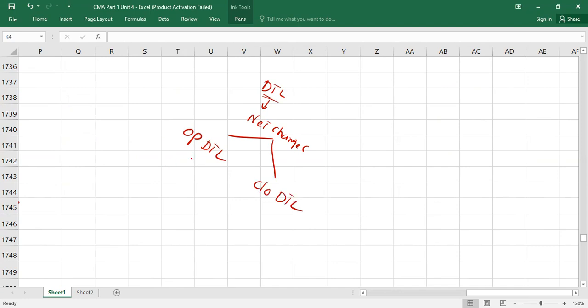For example, if the opening balance is $1,000 and the closing balance is 1,500, tell me, has deferred tax liability increased or decreased? It has increased by 500.